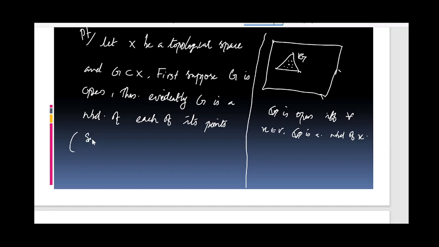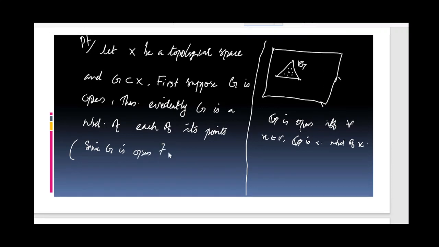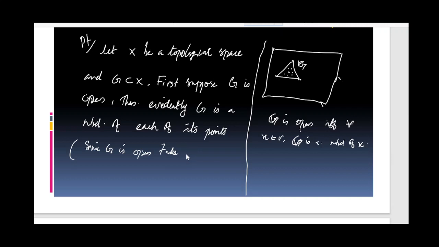Given G is open, take some x belongs to G, then G itself is an open set containing x.